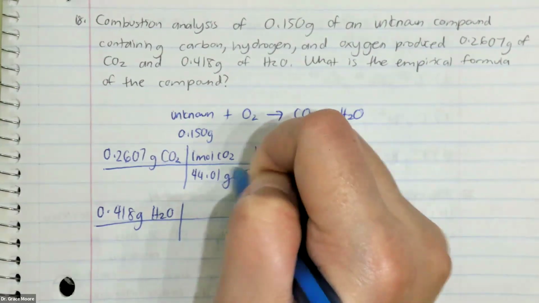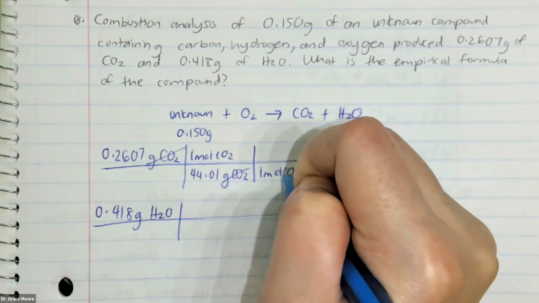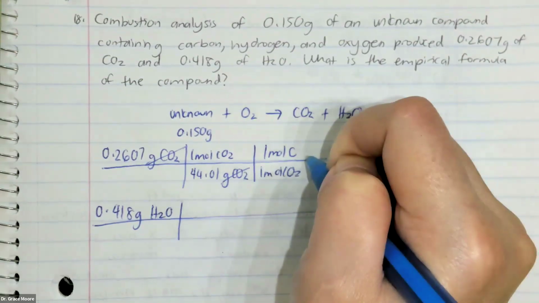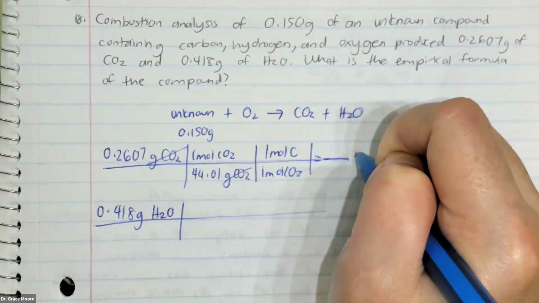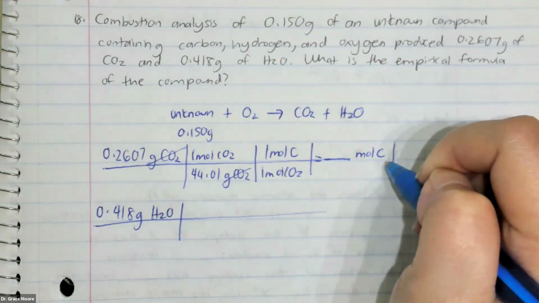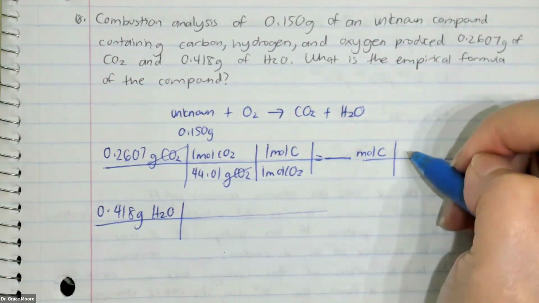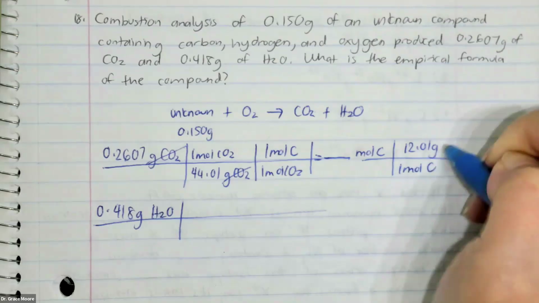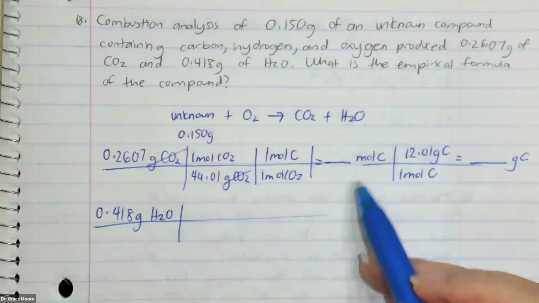And then you know that I got my moles of CO2, and every time I have 1 mole of CO2, I actually know that 1 mole of CO2 contains only 1 mole of C. So that should give me some amount of moles of C. Now, once I get the moles of C, I want to keep going, and I actually want to convert to grams of C. Okay, now my answer here is grams of C. So I have to stop at 2 answers.